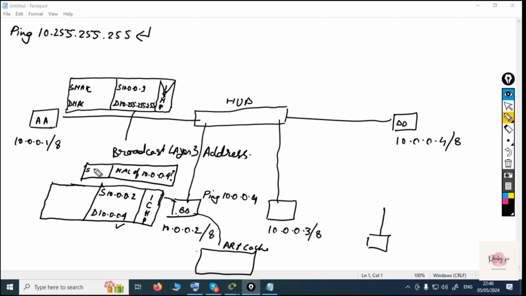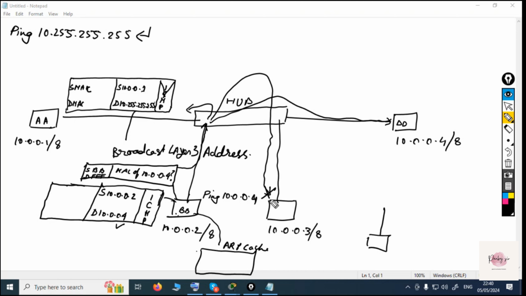In source, it will write BB, and in destination, it will write FFFF, the layer 2 broadcast address. Getting it? It will release this data through this wire, and it will be broadcasted everywhere.